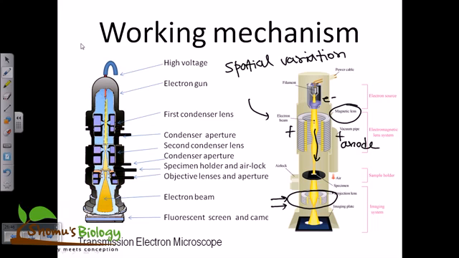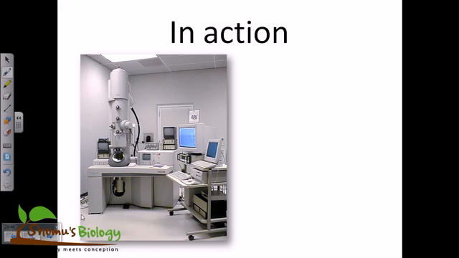Though we can visualize things at the atom level, we cannot visualize a living cell, a working cell, under this microscope, because for this microscope we need sample preparation, and for the preparation of the sample we need a dead sample. We need to fix it, we need to dehydrate it, so definitely the sample will be killed. So that is the disadvantage of using TEM, right? TEM is important for looking at the internal structure, SEM is important for determining the surface structure of the cell or of the sample.